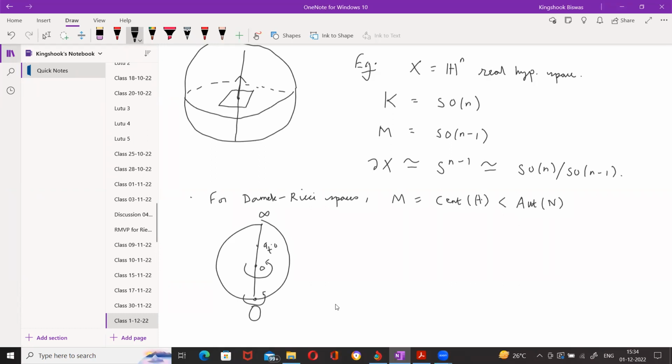Any more questions? I'll look this up. I'm not exactly sure if this is equal to the centralizer of A. I think so, but I have to check this.